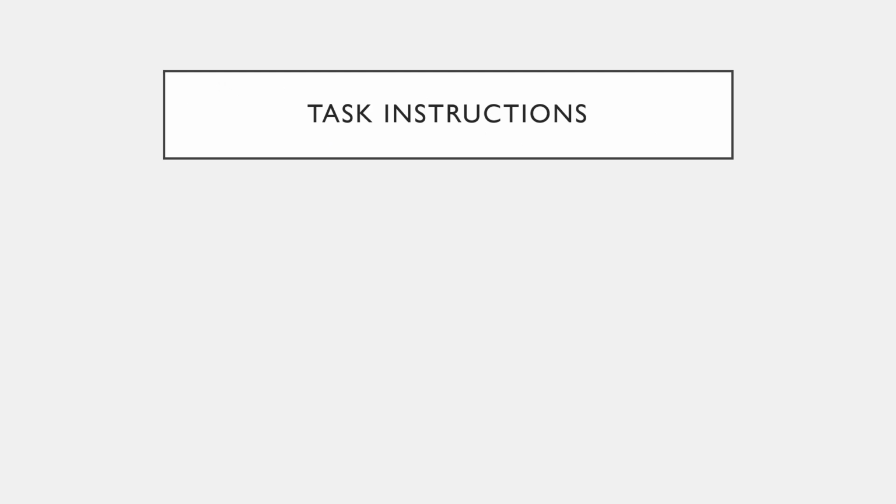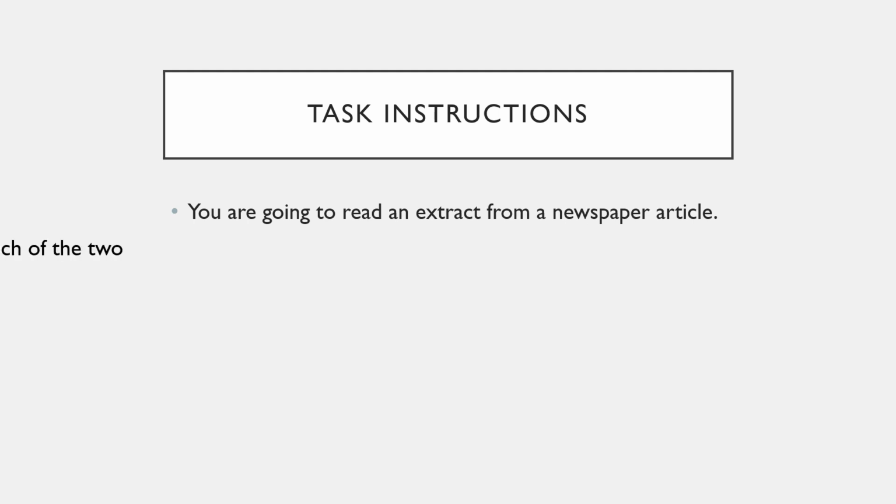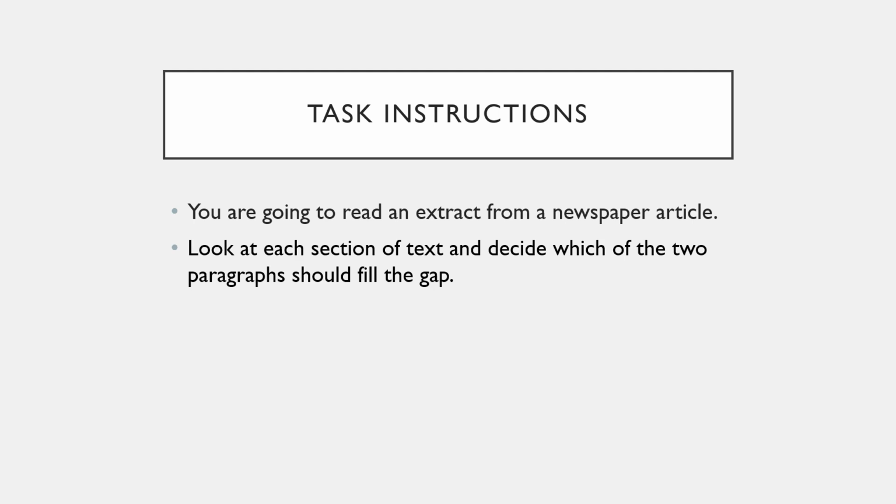Now that we've practiced identifying types of link, it's time to try a practice task. But before you begin, let me explain what you need to do. So, over the next 6 pages, you're going to be looking at an extract from a newspaper article. On each page, you'll need to decide which of the 2 paragraphs should fill the gap that's been marked.